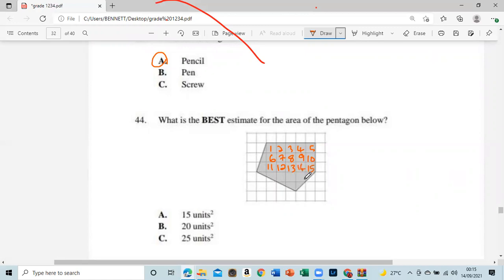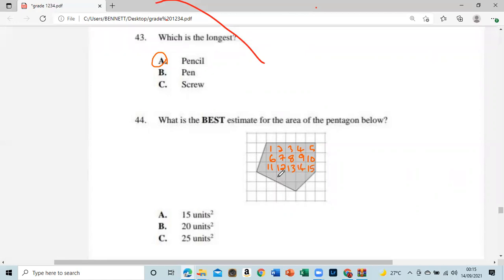All of them are solid, right? 15. Let's see if we can get some more. 16, 17, and this 8. We can say this and this, 9. So this and this make 19, right? A piece here and a piece here make 19.